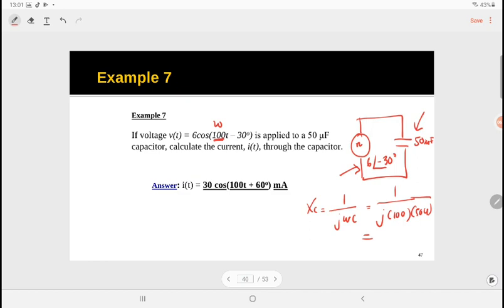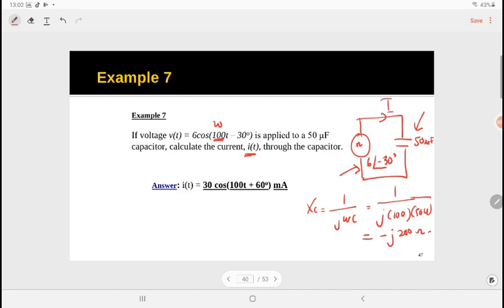By using your calculator, we can say that XC equals negative j 200 ohm, right?